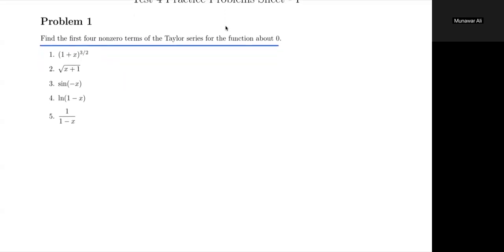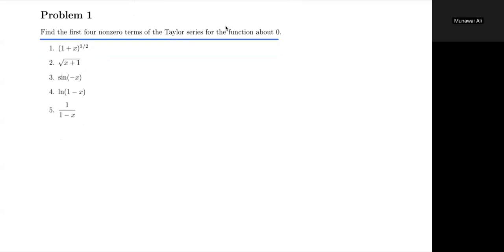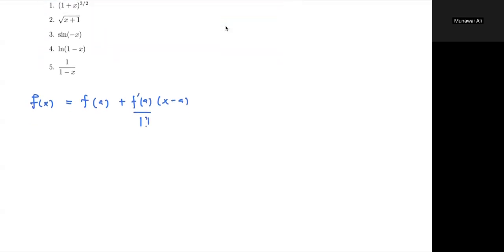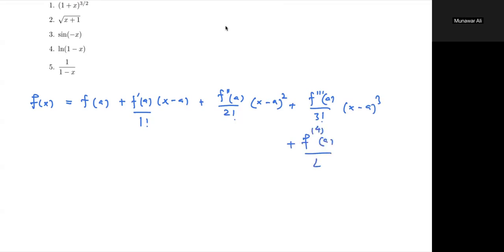You can apply other formulas, but if it is not explicitly mentioned in the problem, then you always have to apply this basic formula, which is f of a plus f prime at a times x minus a, divided by 1 factorial, and second derivative evaluated at a divided by 2 factorial times x minus a squared, and third derivative evaluated at a over 3 factorial times x minus a cubed, and fourth derivative evaluated at a over 4 factorial times x minus a to the 4, and so on.